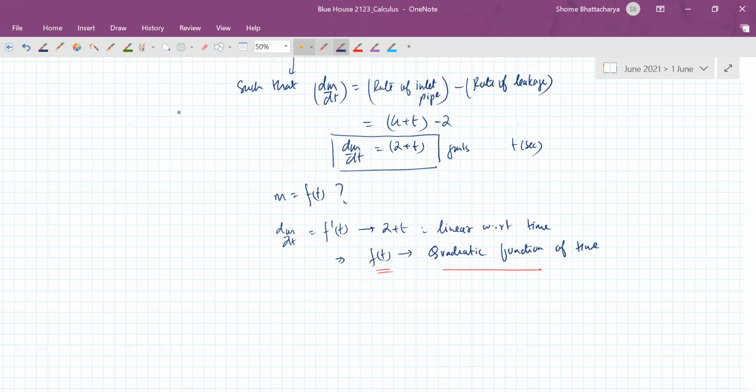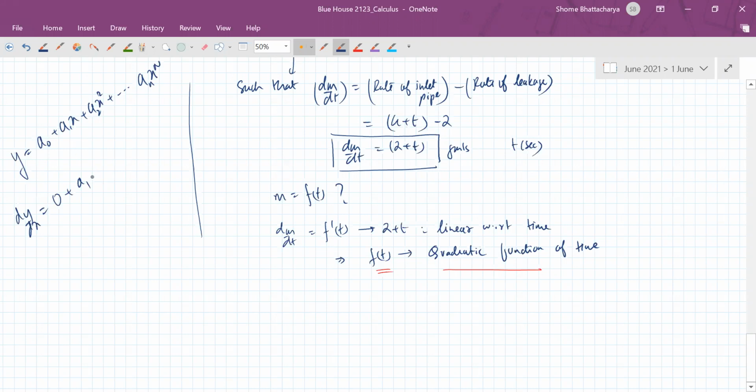See, we know that if we have any polynomial going up to a degree of n, when we differentiate this function, what will happen? This term's derivative will be 0. This term's derivative will be a1. This term's derivative will be 2a2x.